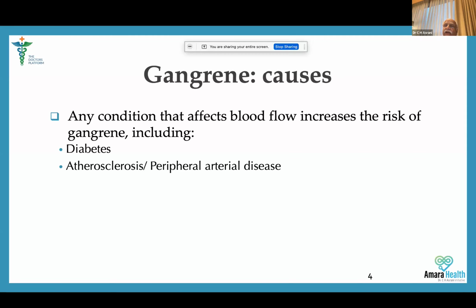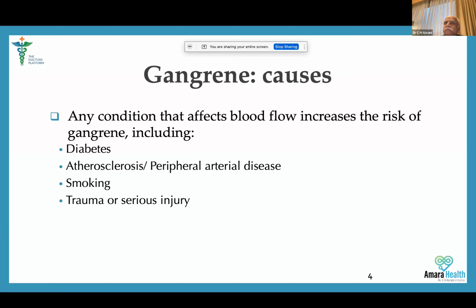Atherosclerosis or peripheral arterial disease, which is arteriosclerosis, age-related and smoking-related. Smoking, heavy smokers more likely to have either Raynaud's disease or peripheral arterial disease.